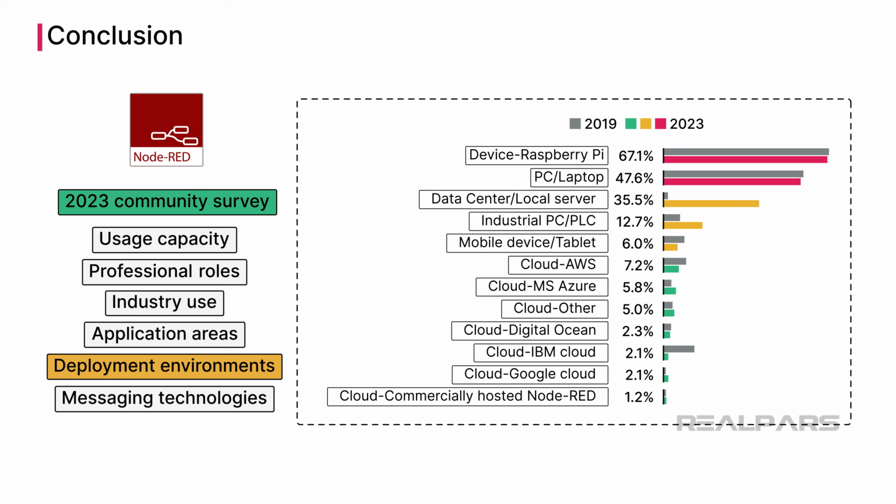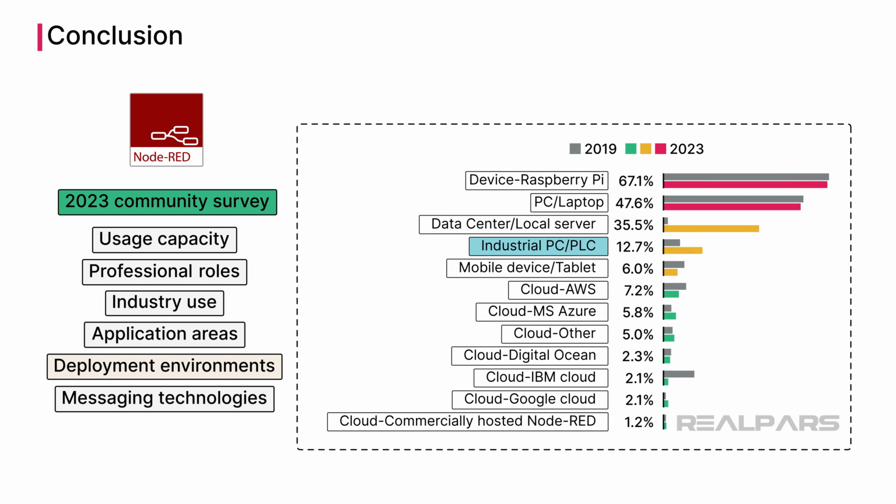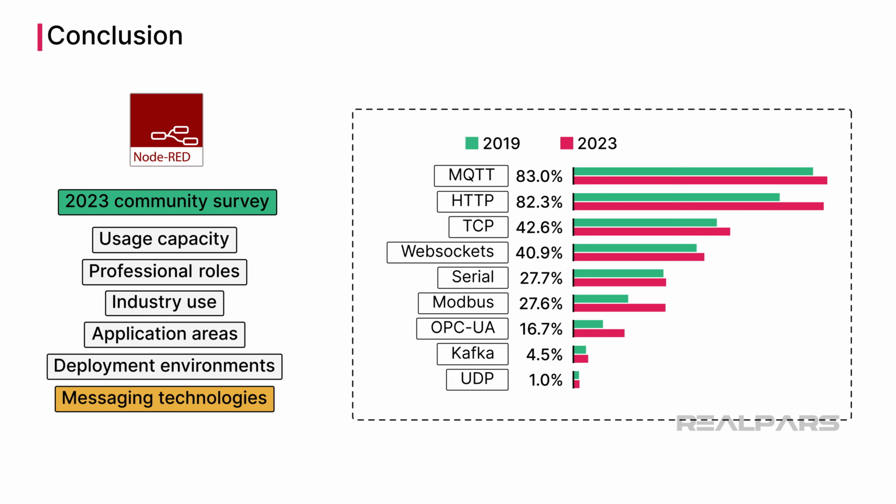Finally, we saw some side effects of increasing Node-RED adoption in the manufacturing industry, including an increase in the number of people using Node-RED on a PLC or industrial PC, and an increase in the popularity of industrial communication protocols like Modbus and OPC UA.